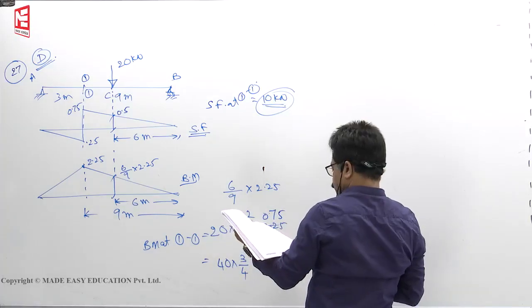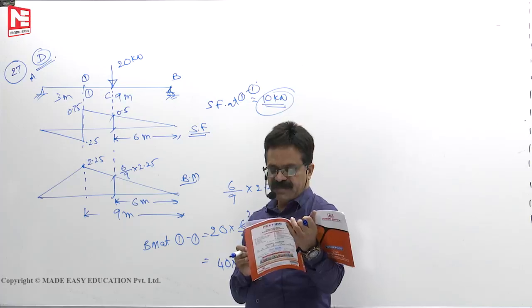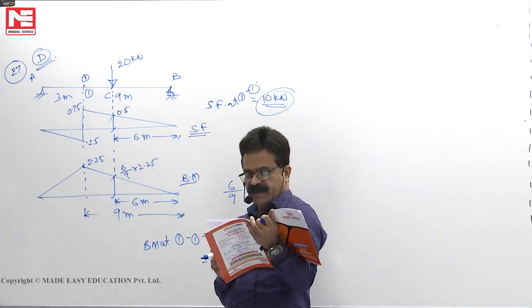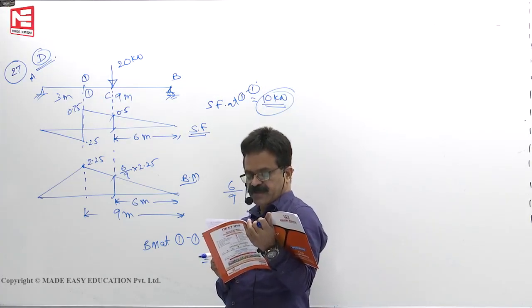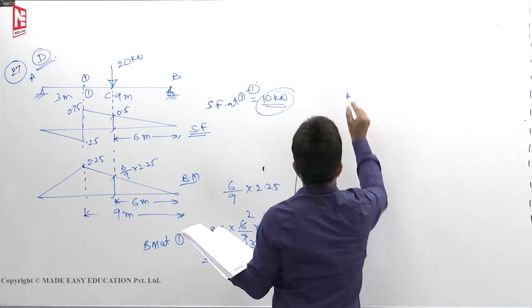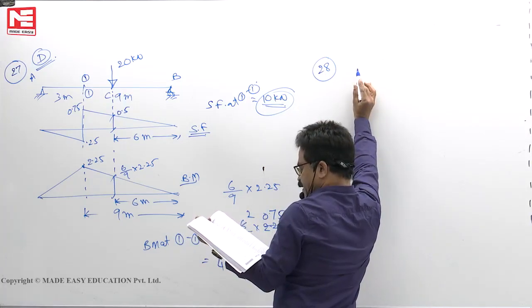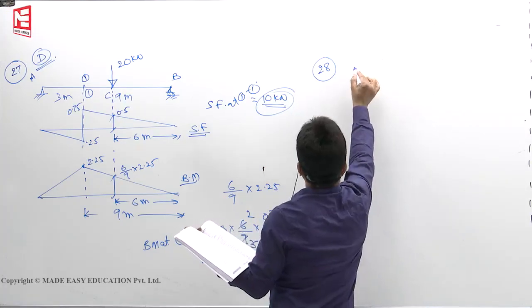Next. Common data questions. A beam PQRS is 18 meters long, simply supported at points Q and R, 10 meters apart. Overhangs are given. Train of loads. This I have solved in class 28. Maximum sagging bending moment, you got it as 400.